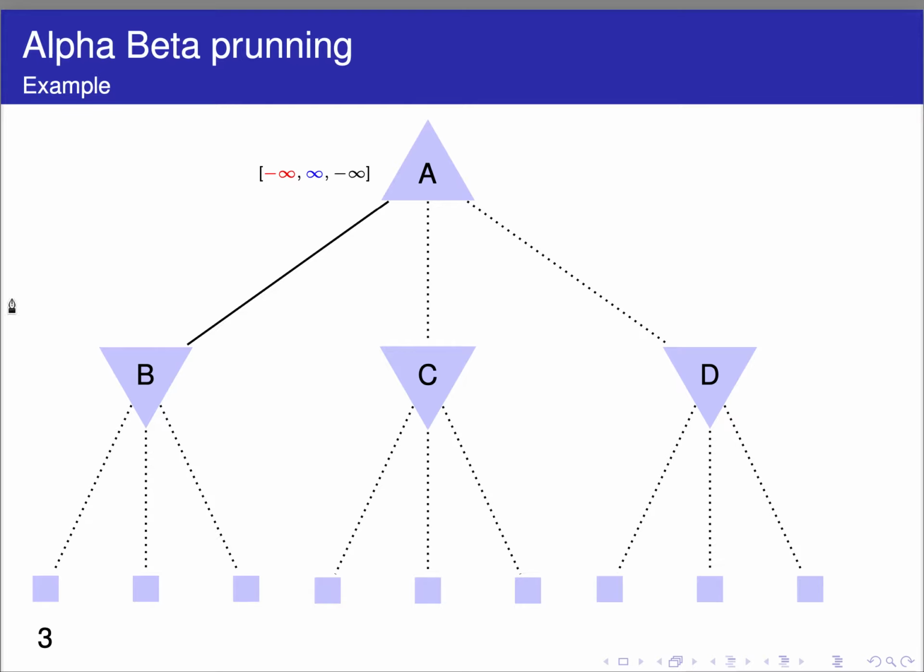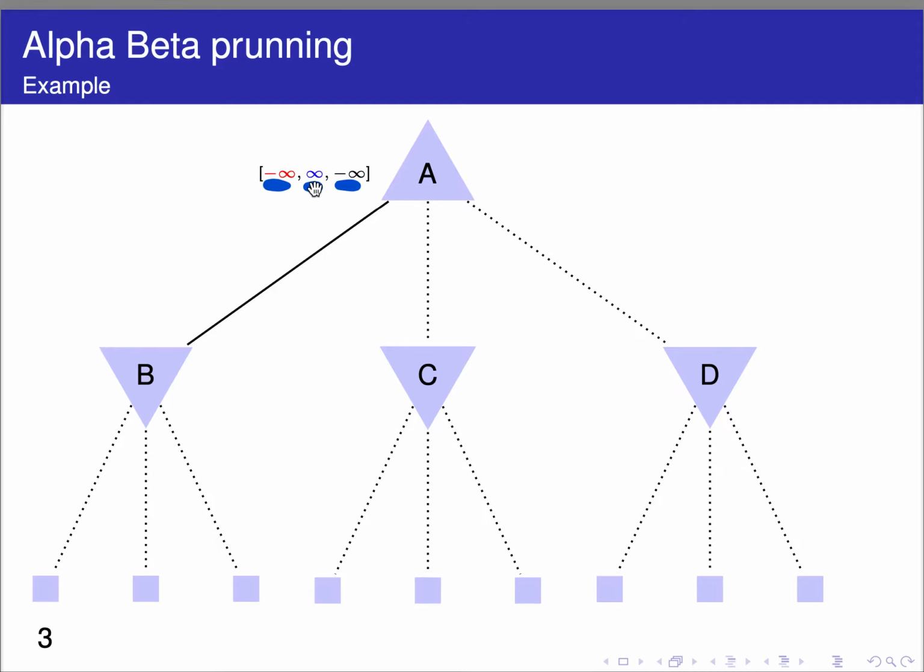So let's see, we have the same tree that we had before. Here's my little vector of alpha, beta, and the value, initial values. Now, because I'm going to be finding minimum and maximum, I need to find a maximum for alpha. So I start with the smallest possible value in your language, whatever that is, right?